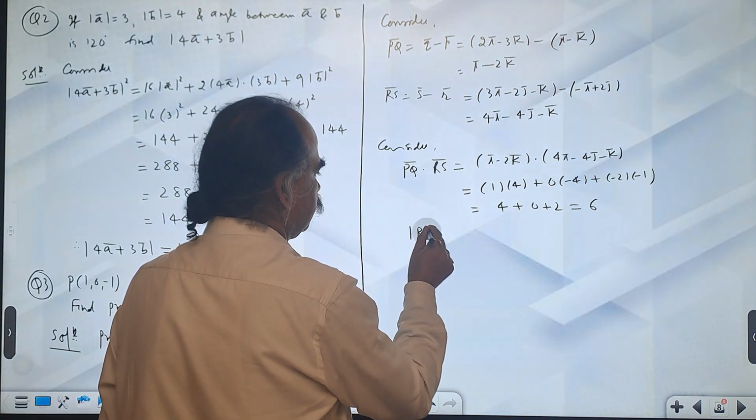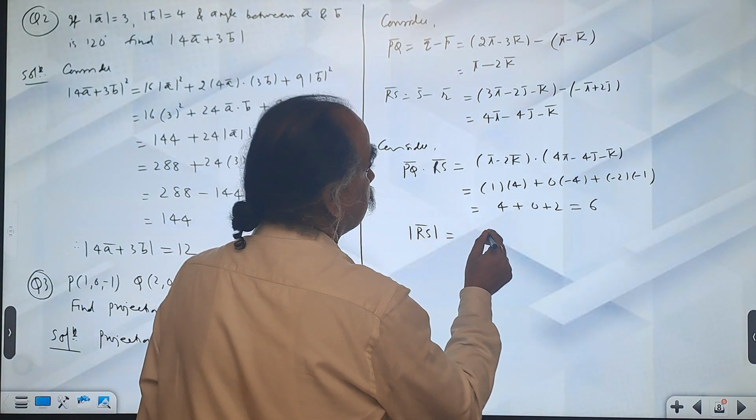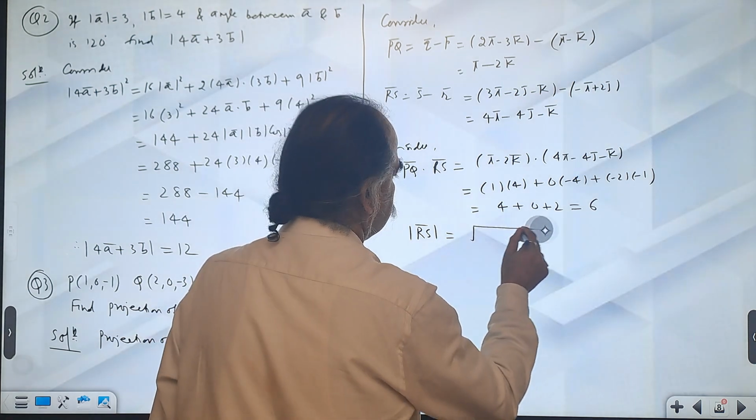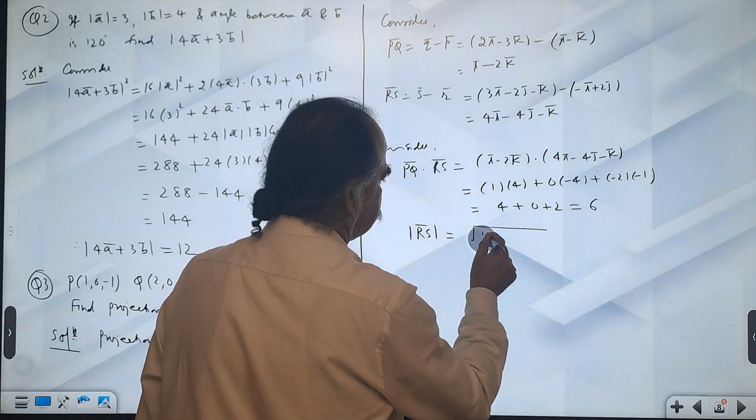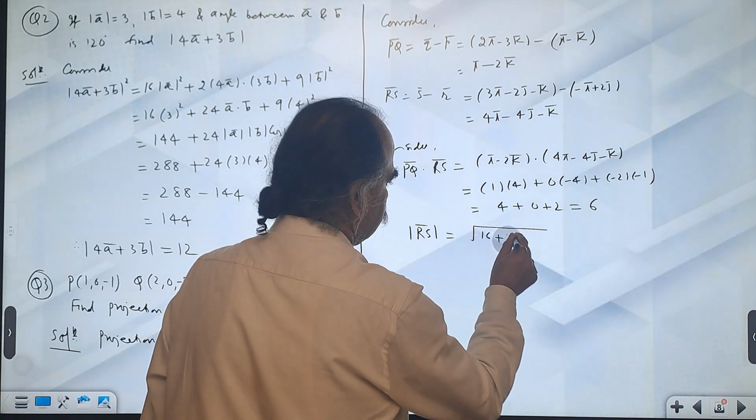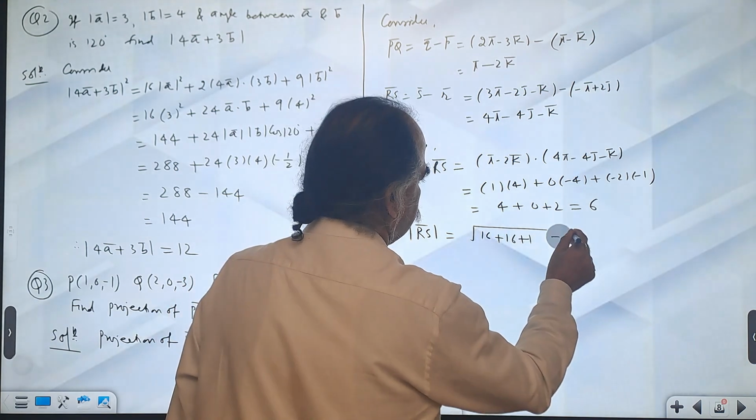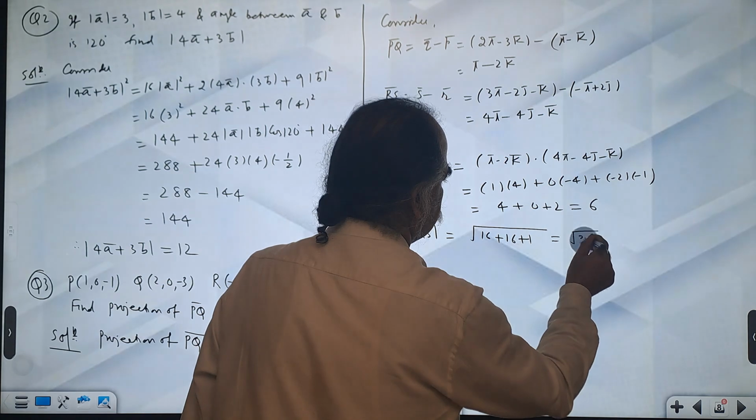Magnitude of RS bar is what? Root 16 plus 16 plus 1, root 33.